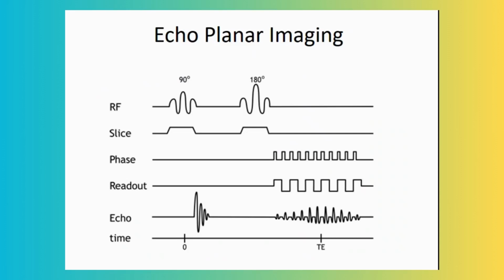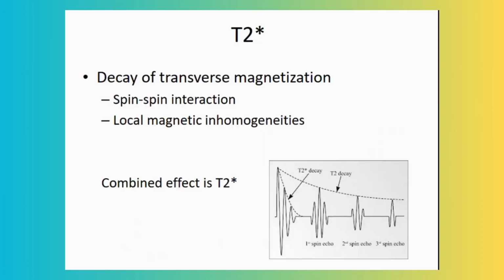The reason echoplanar imaging is very popular and very useful is because it is fast. It can acquire real-time data because you can see that there are 2 pulses, a 90-degree pulse and a 180-degree pulse, and then there is a rapid change in gradient over a small period of time. And then we are getting signals here. And I will show you how it is helpful in this case.